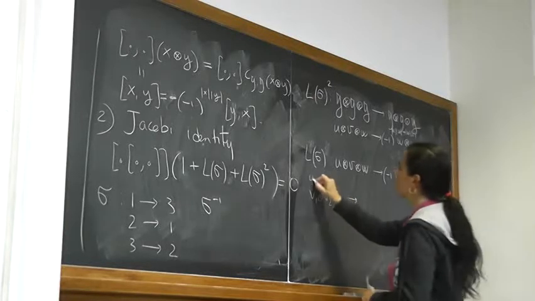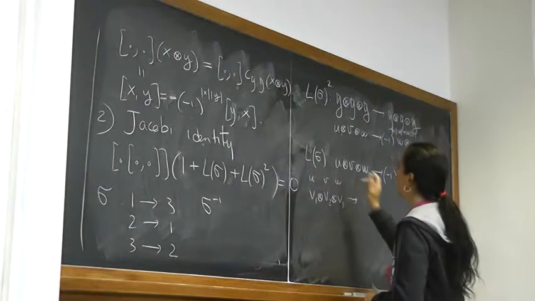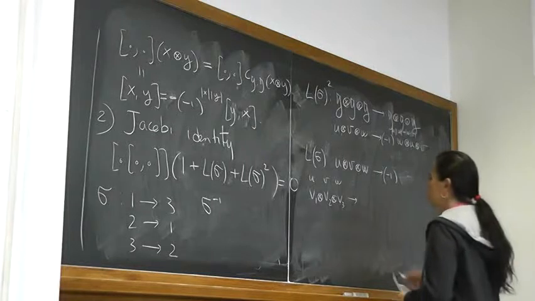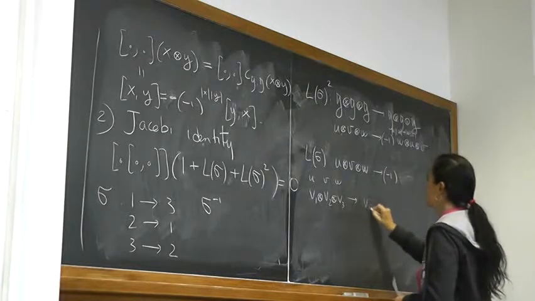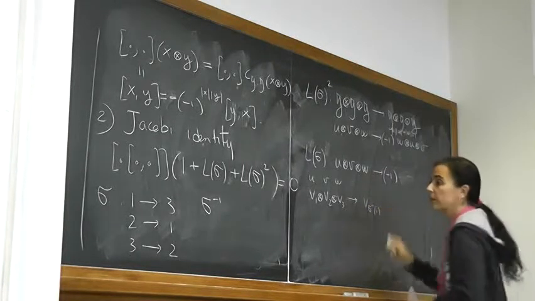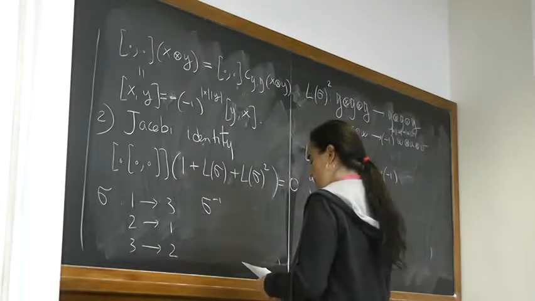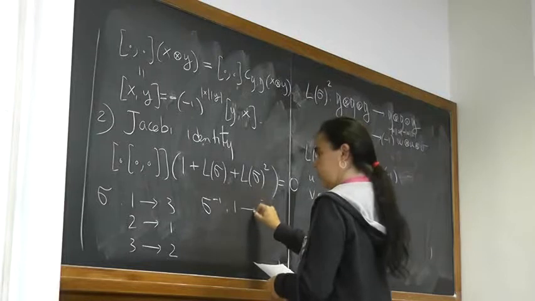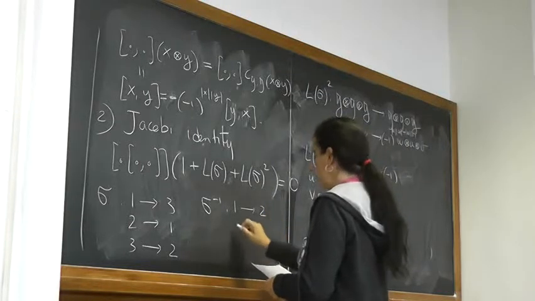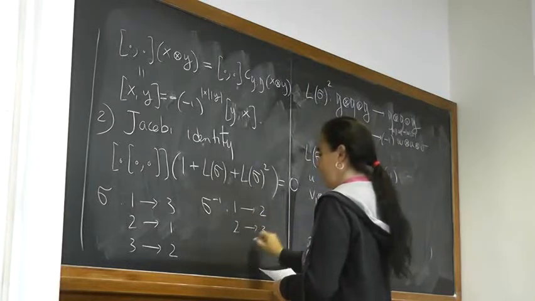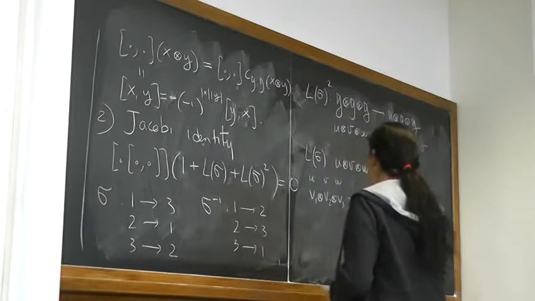So this is U, V, W. So this is V sigma minus 1, 1. So the sigma minus 1 sends 1 to 2, hopefully, 2 to 3, and 3 to 1. This is the only way I can do it.